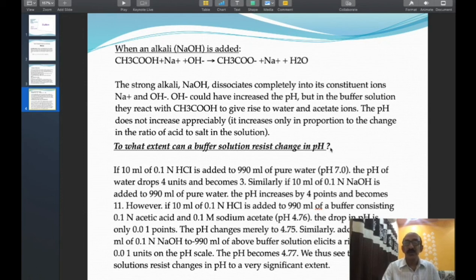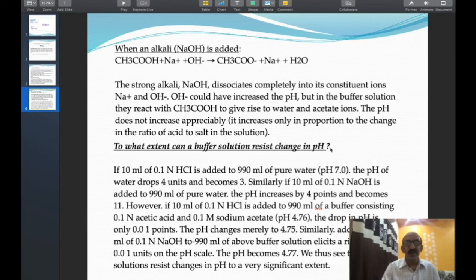Now in the next period, we will explain the Henderson-Hasselbalch equation. This equation is used to prepare the buffer solution. How is a buffer solution prepared in the laboratory? How will we prepare the best buffer solution? The best buffer solution is the buffer which doesn't allow much change in pH.